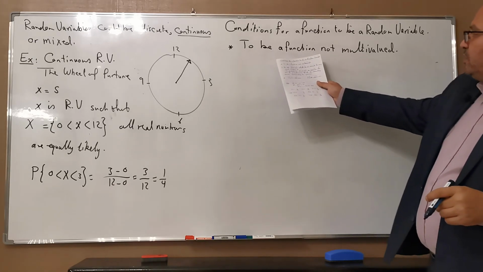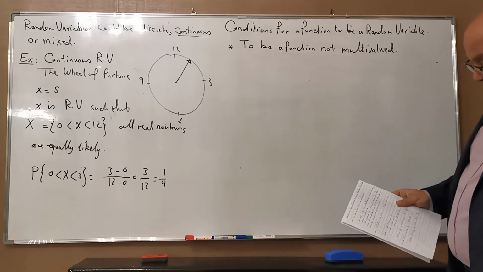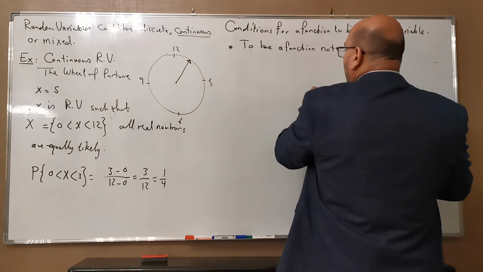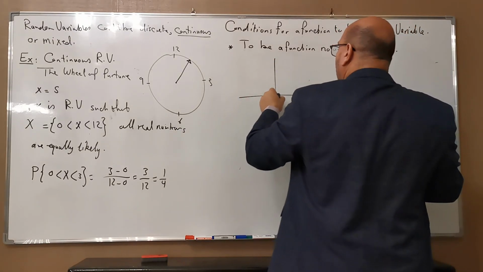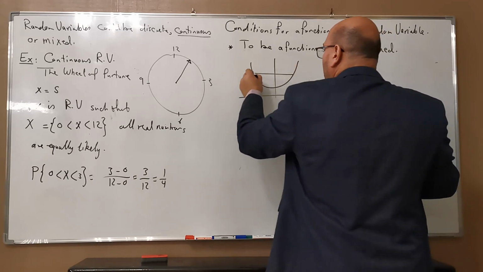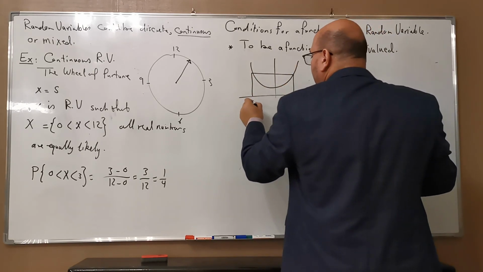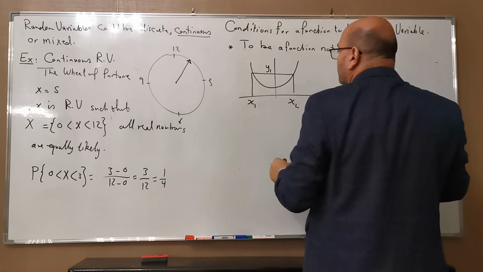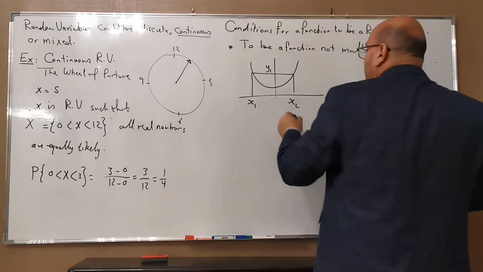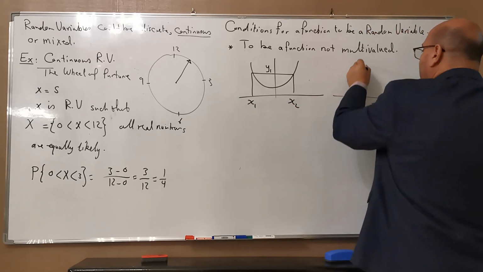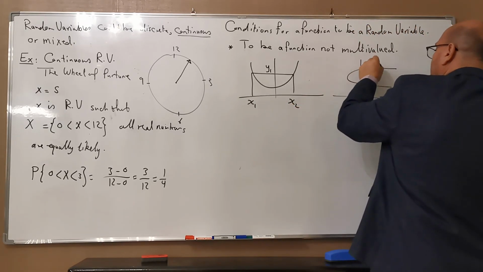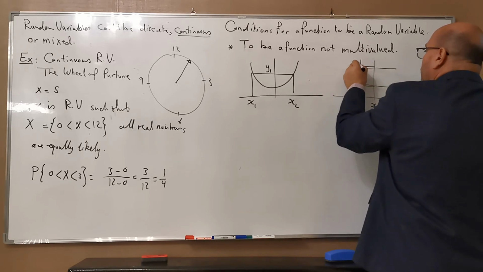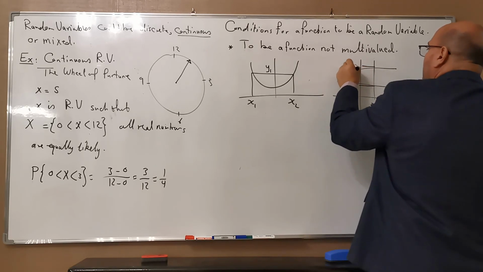When you say a function is not multivalued, it means that you can have a function with the same value, like this: two different x's, x1 and x2, which have the same y. But we cannot have something like this, where one x has two y's, y1 and y2.